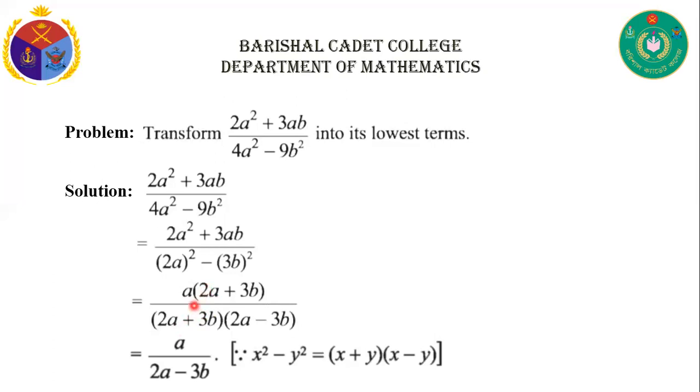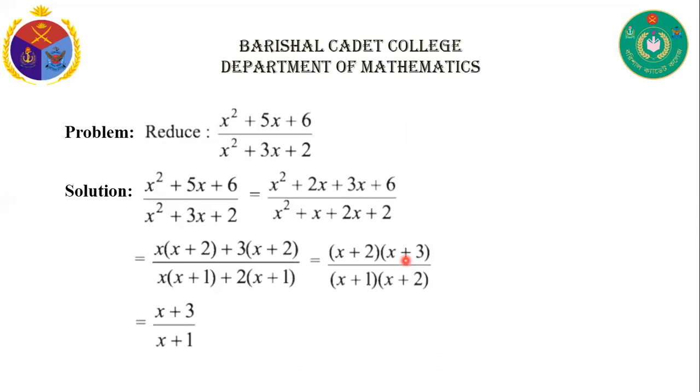So we have only a divided by 2a minus 3b. That is the lowest term. Okay, boys? So if the numerator and denominator expressions don't have factorized form, then we first factorize, then find the common factor, then eliminate. Now we go to the next problem.